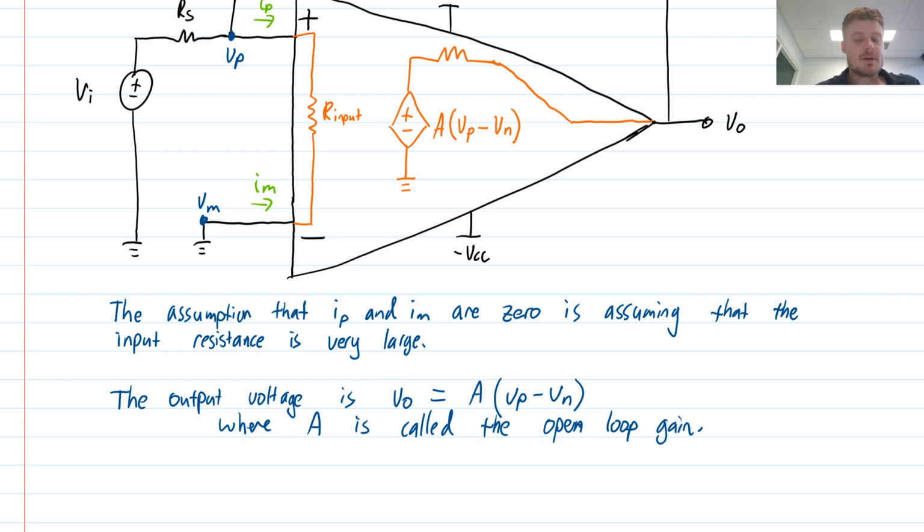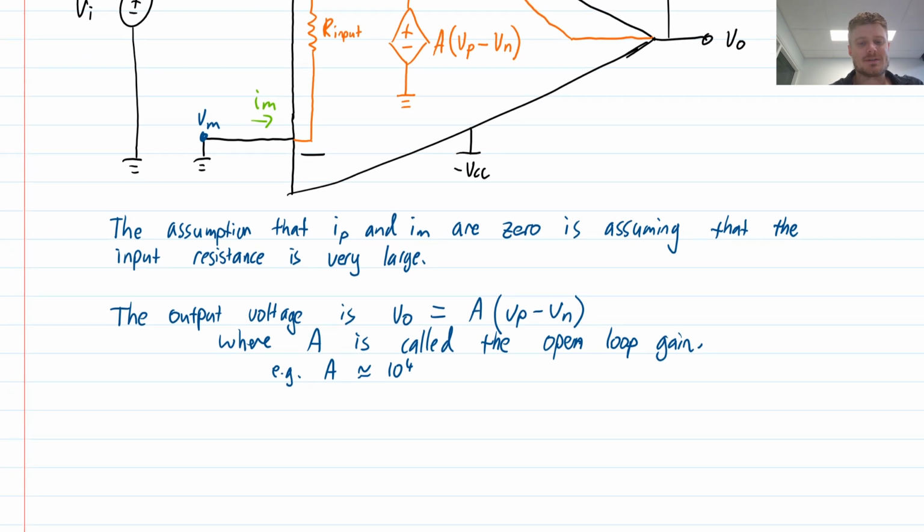This is a parameter that you can look up in the datasheet for a particular op-amp that you're going to use. The values are typically fairly large. So A in the vicinity of 10 to the 4 or something like that would be a plausible, realistic value. If this open loop gain is very large, then you only need a tiny difference in the input voltages.